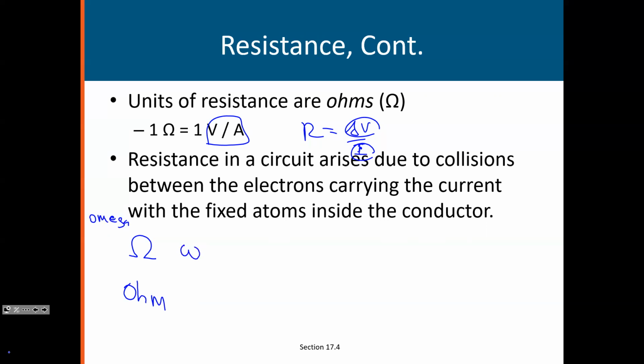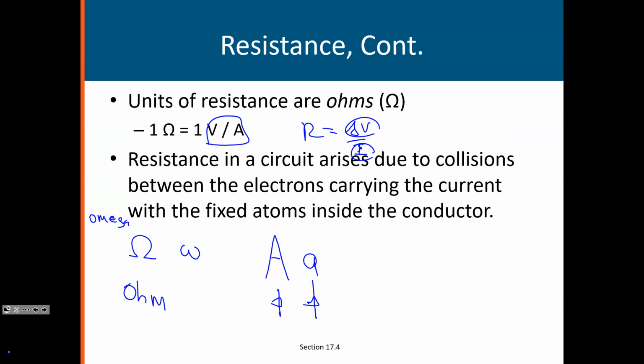Maybe you have seen in mechanics, angular velocity. This is omega, this is also omega. Why are there two omegas? It's like this. What is this? A. What is this? A. Same thing. This is the uppercase omega in the Greek alphabet, and this is the lowercase omega in the Greek alphabet.